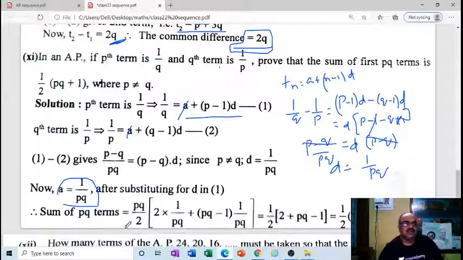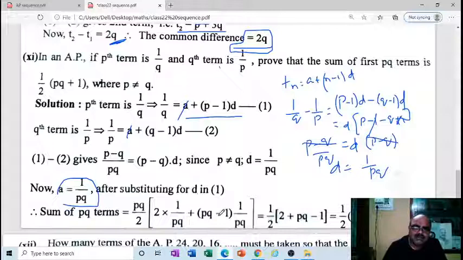Okay, sum of p plus q terms, n is p plus q here, friends. You must be careful. Whatever they give, you should not forget the concepts behind it. n by 2 into 2a plus n minus 1 into d.